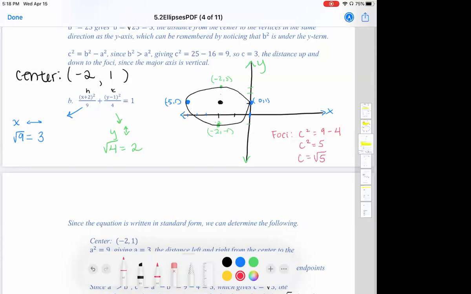And if we punch that into our calculator, let me grab a calculator. That's about 2.2. So about 2.2 units left and right, because we move left and right the greatest number. So this left and right would be our major axis.